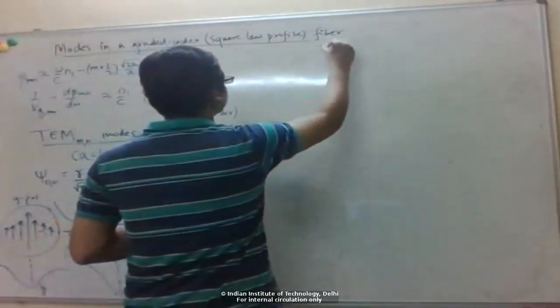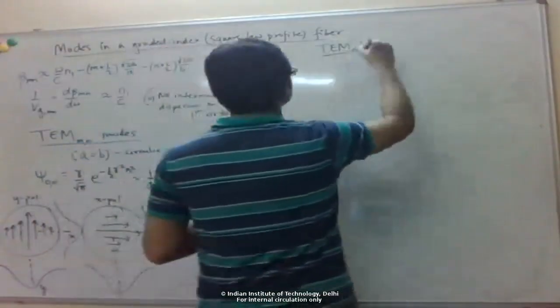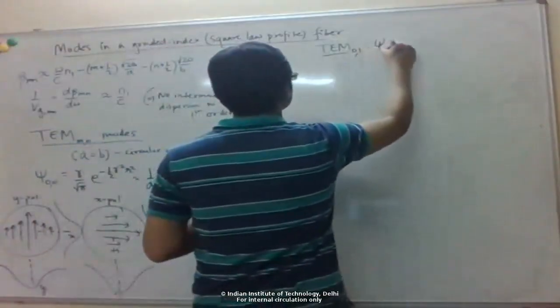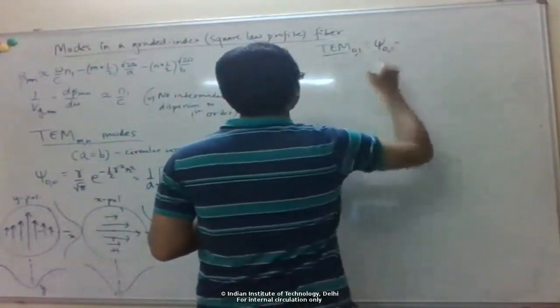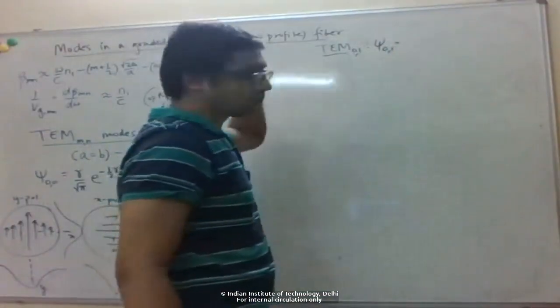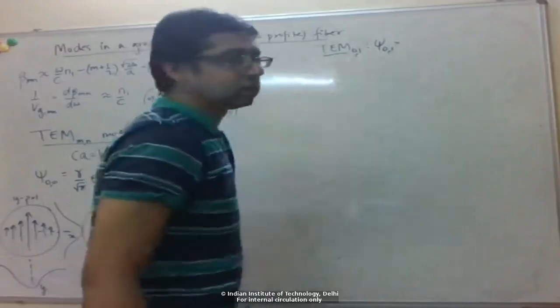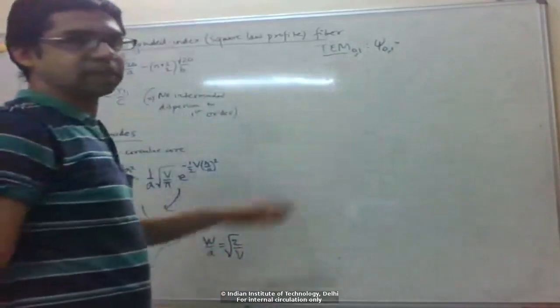For example, TEM01. Now you will have the 0th order Hermite function in the x coordinate, but the first order Hermite function in the y coordinate. The first order Hermite function is a linear function.